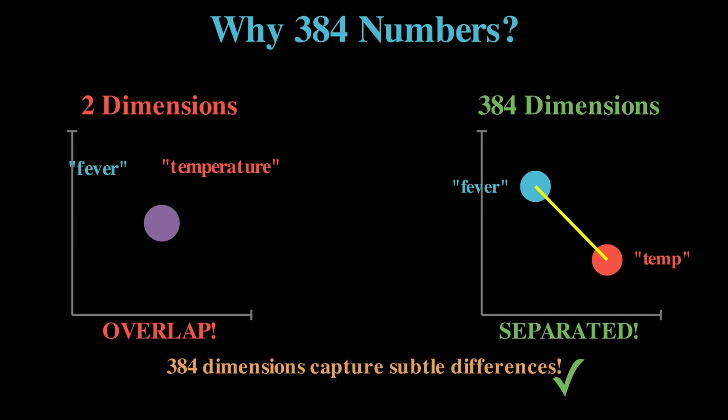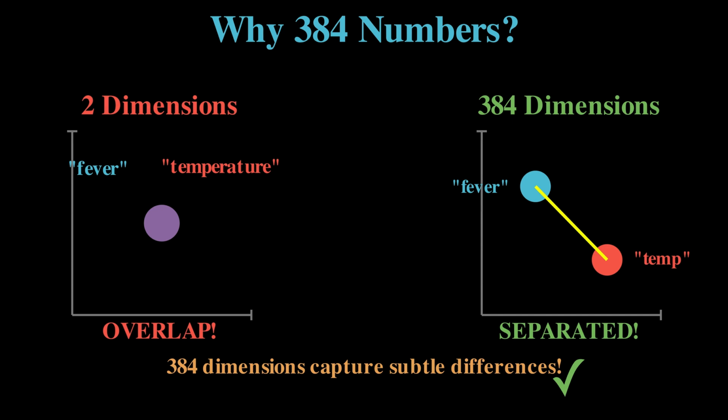Words with different meanings might end up too close together or even overlap. The model cannot capture important information. But with more dimensions like 384, there is enough space to accurately represent the meaning of each word. Similar words stay close, different words stay far apart, and all the complexities of language can be captured.